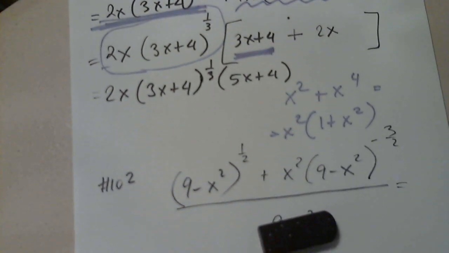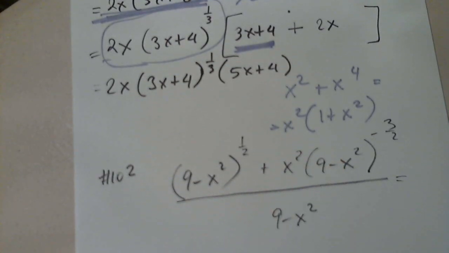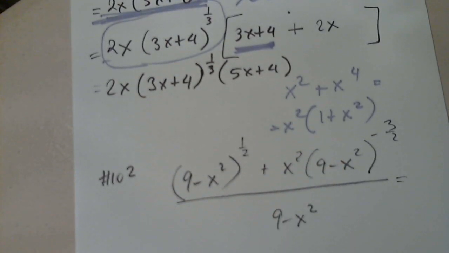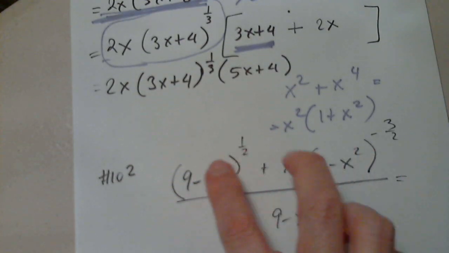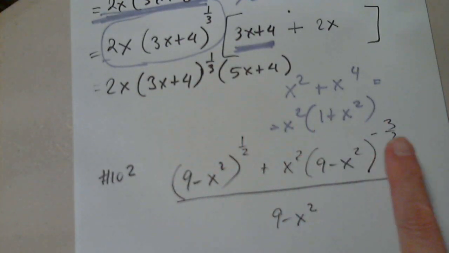Are there common factors in the numerator? Or common factor? You said in the numerator? Yes? Is there a common factor in these two terms? One term plus another term. 9 minus x squared.